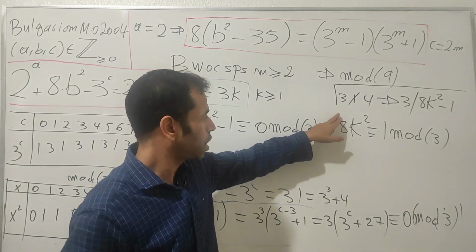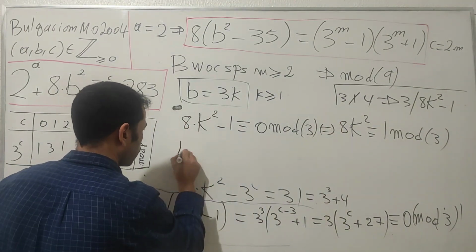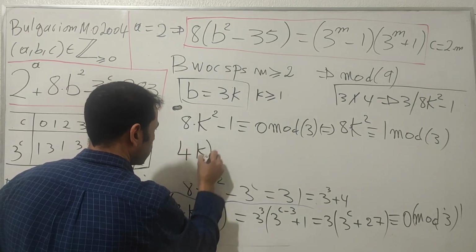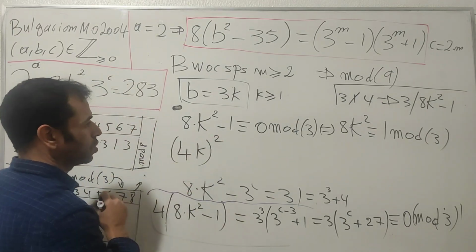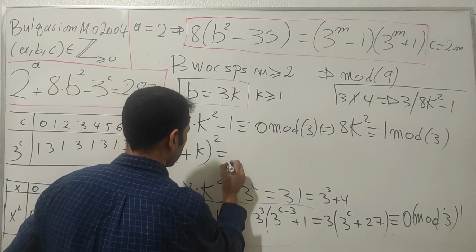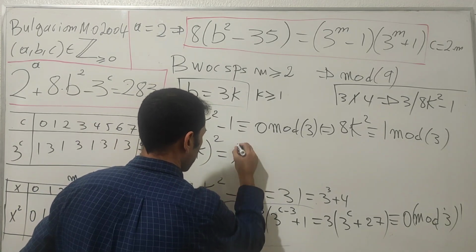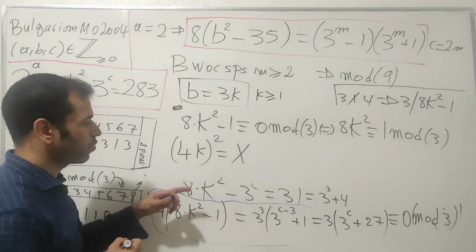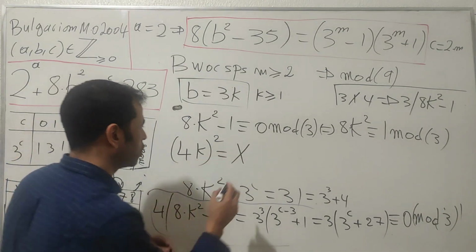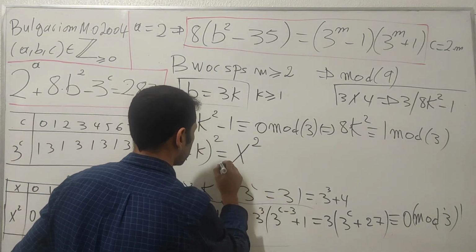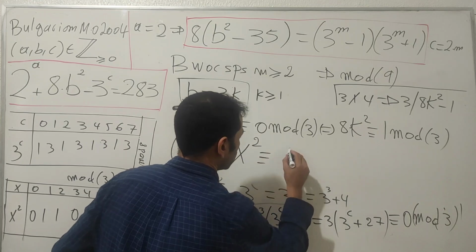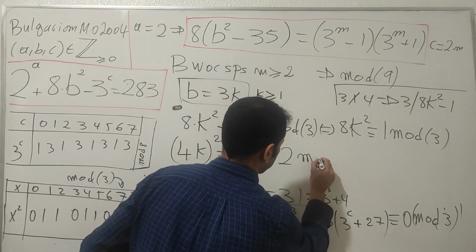If I do that, I will have 4k squared here. I get (4k) all raised to the power 2, which equals, let's put this one as a capital X, so on the form of the integer square, X squared, which is congruent to 2 mod 3.